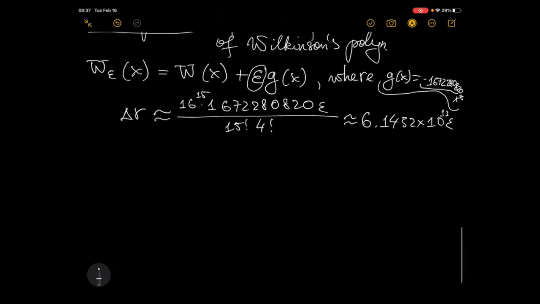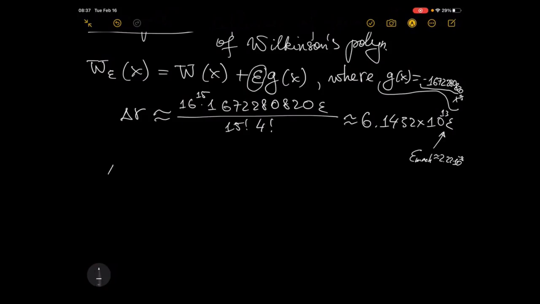As a result, let us say that epsilon is nothing else but machine precision, which is approximately 2.22 times 10 to the minus 16th for double precision numbers.